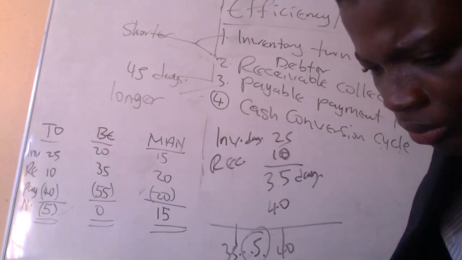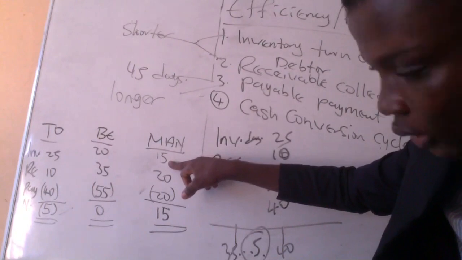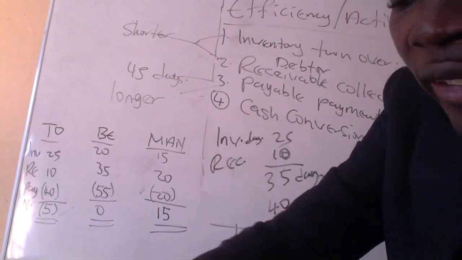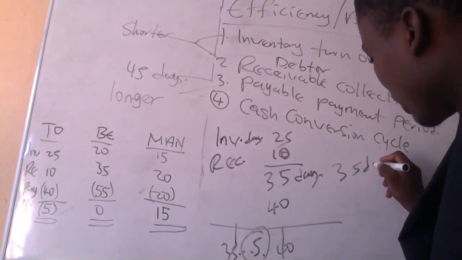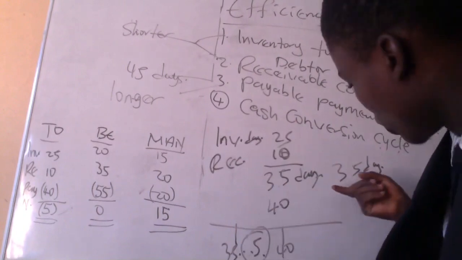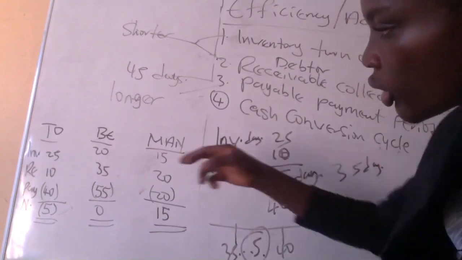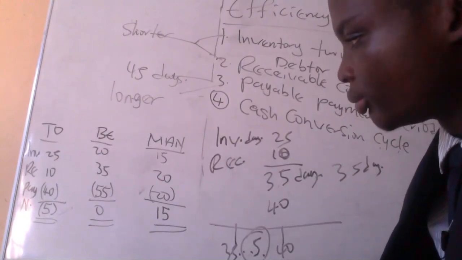Now let's see something. It will take Man 15 days to sell the goods, plus 20 days to receive the money. So in all, 35 days, the same as 2, because 15 plus 20. So that's the 35 days.